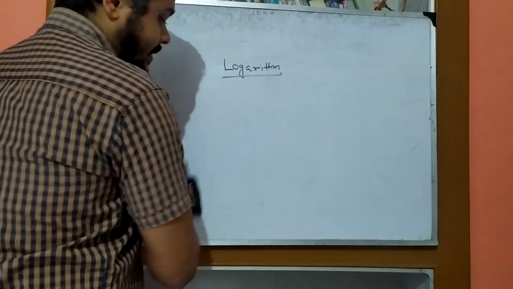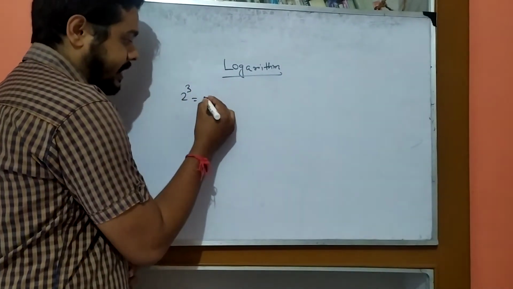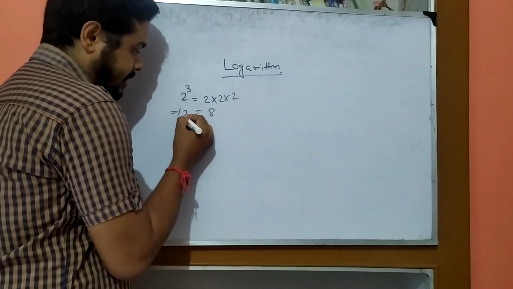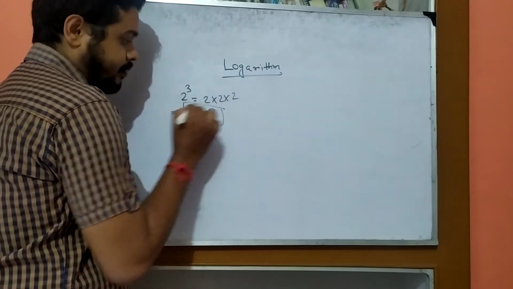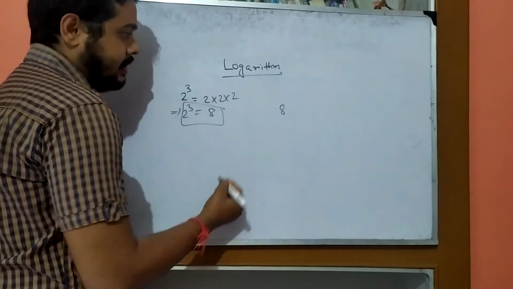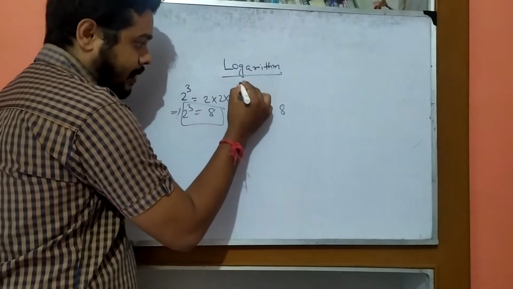Once again I repeat, suppose what is the value of 2 cube? Simply we can say 3 times of 2 gives us 8. That is the components. But when result is known, base is also known, but what is the power?